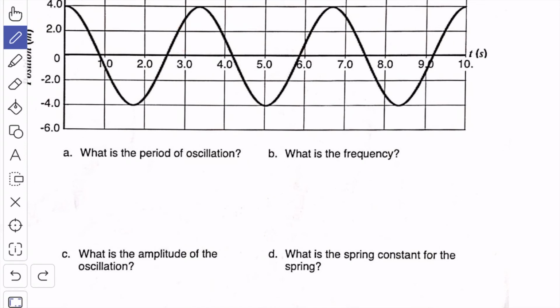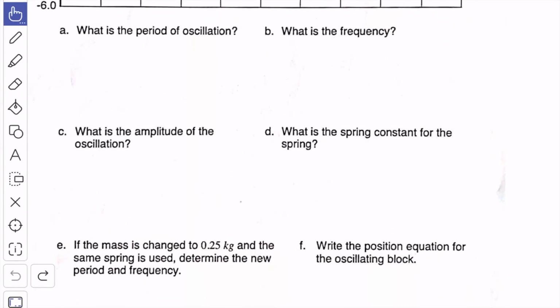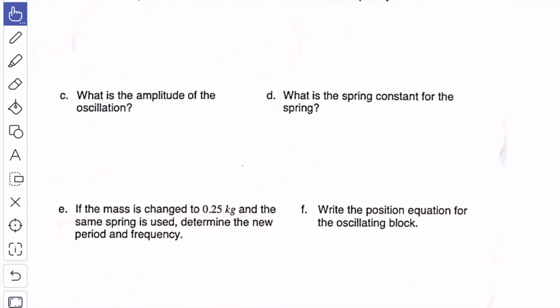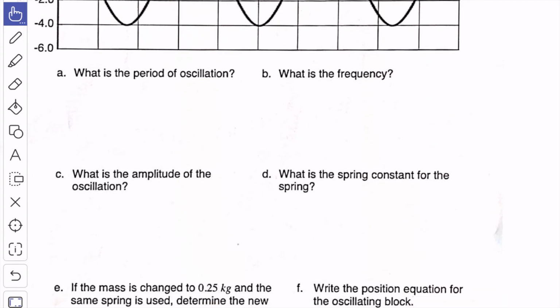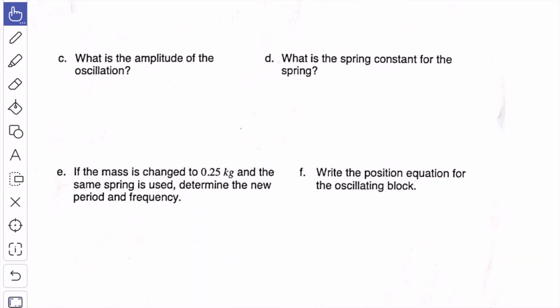Letter D should be easy to solve since you have the period from letter A and the mass is given in the information at the top. For letter E, you're using the spring constant that you solved on letter D and the new mass. So now you have K from letter D and a new mass that's given. Find the new period and the new frequency.